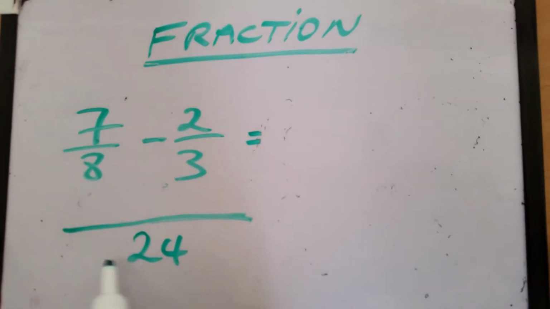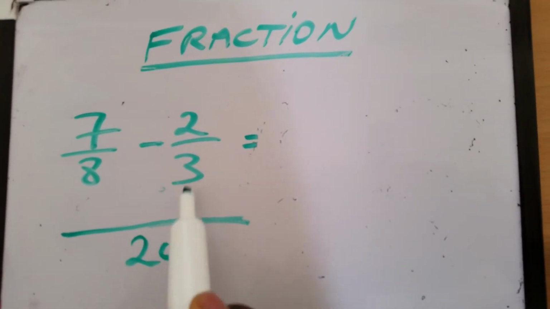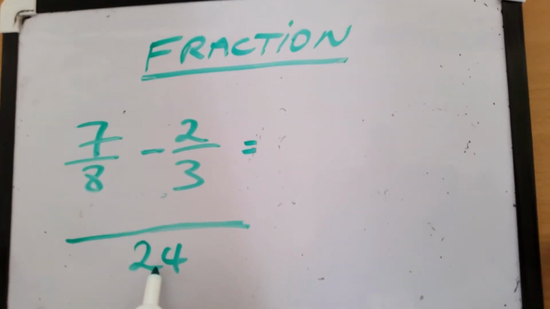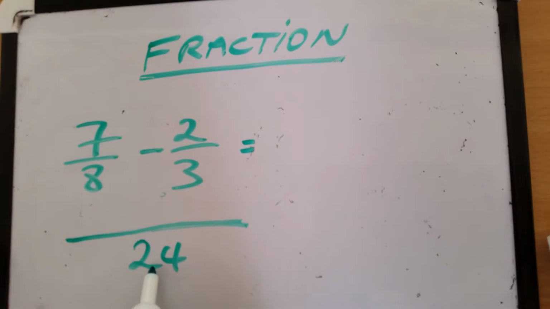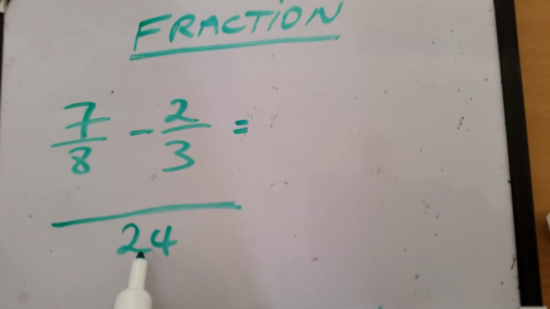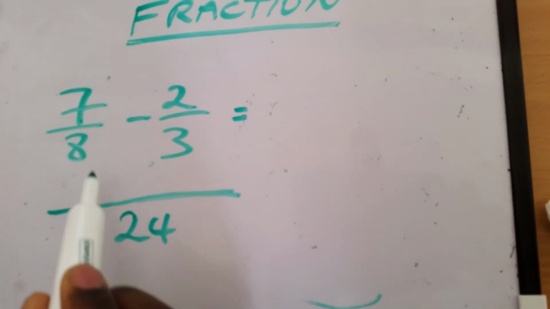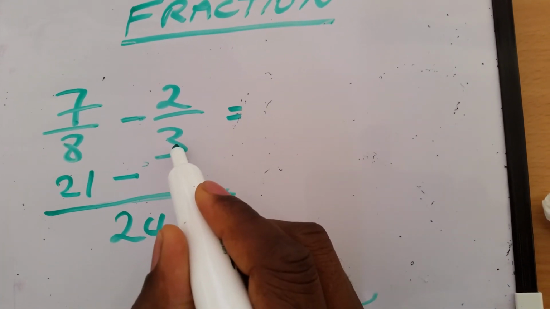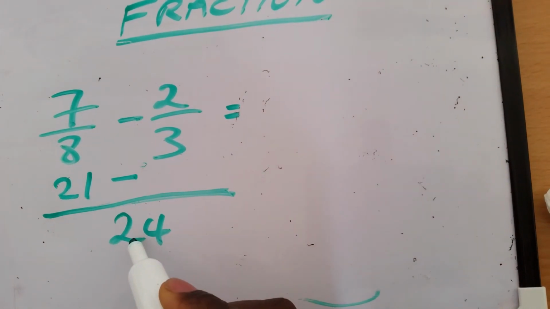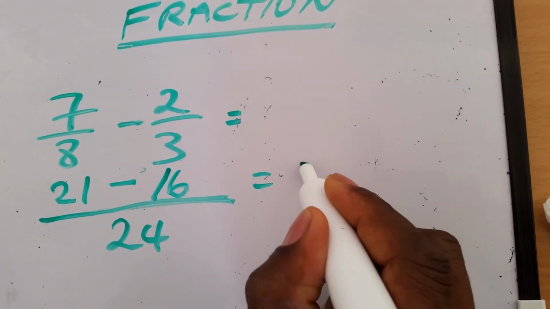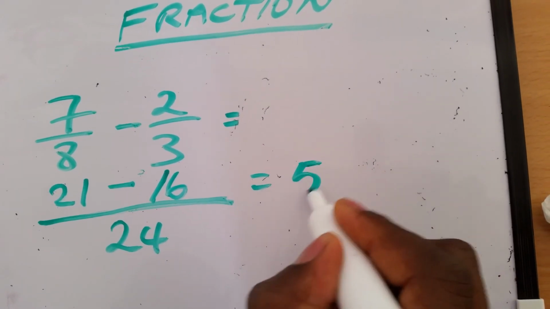So 8 into 24 is 3 times, then 3 times 7 is 21, minus 3 into 24 is 8, 8 times 2 is 16, and again that gives us 21 take away 16, which is 5 over 24.